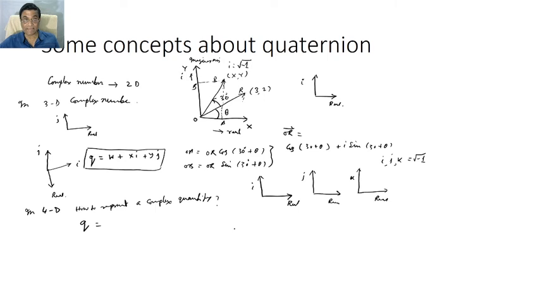Then we land in the fourth dimension, and I can write any quantity there as xi plus yj plus zk.